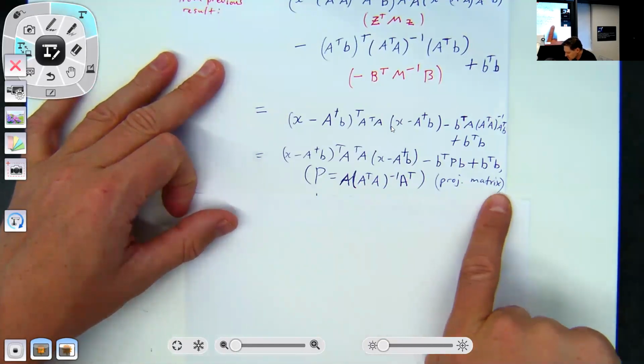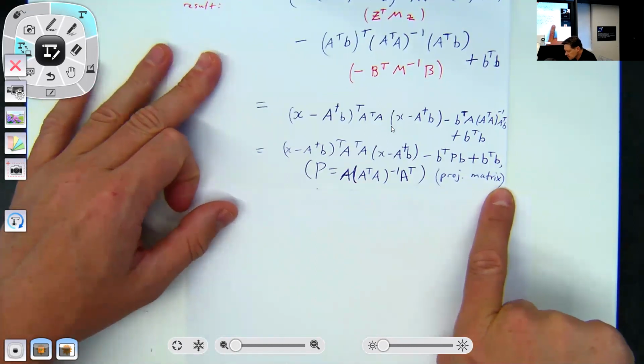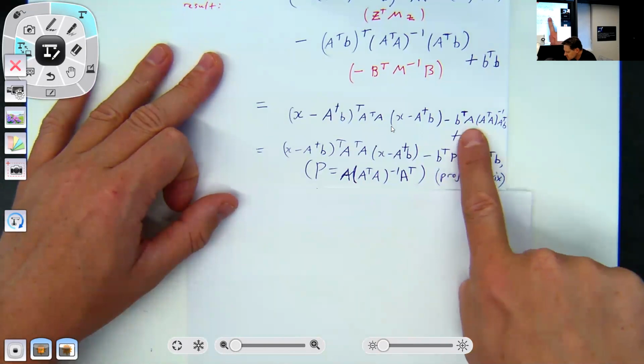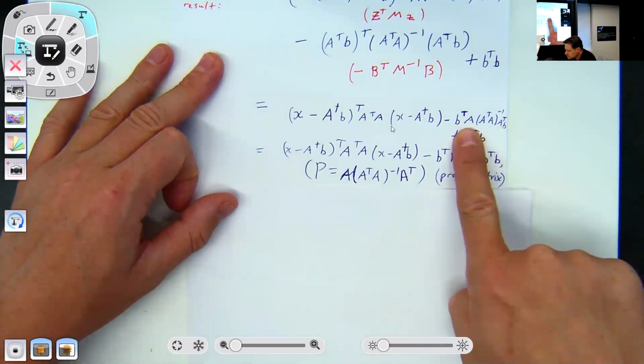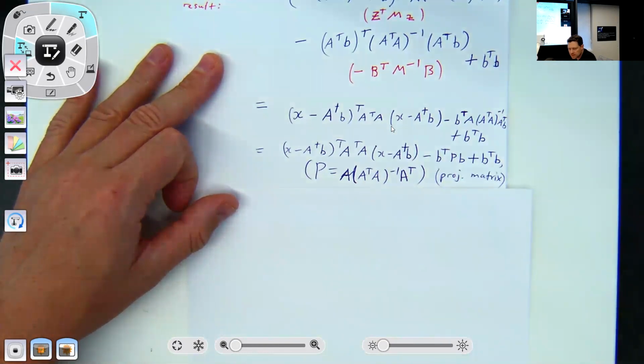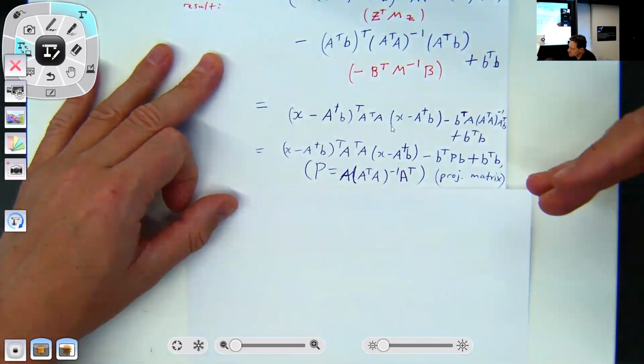And that's called the projection matrix. Okay, so now that allows us to simplify this little piece here, right? Because we've got A, and that, and that, and that. We're just going to call that P in this expression, so we can make it a little bit smaller.